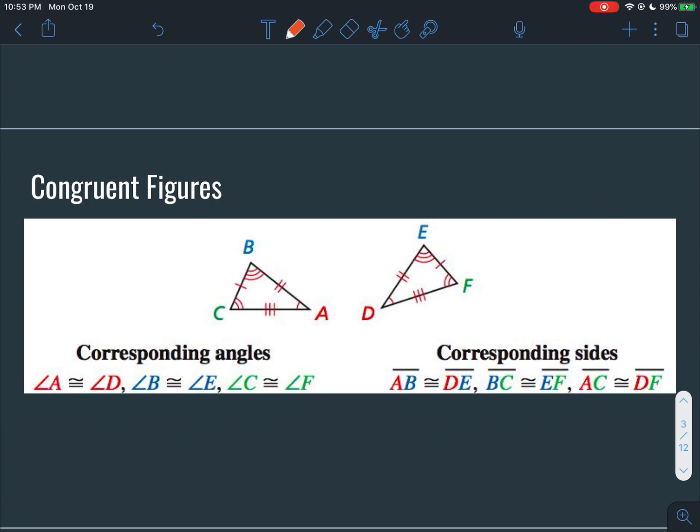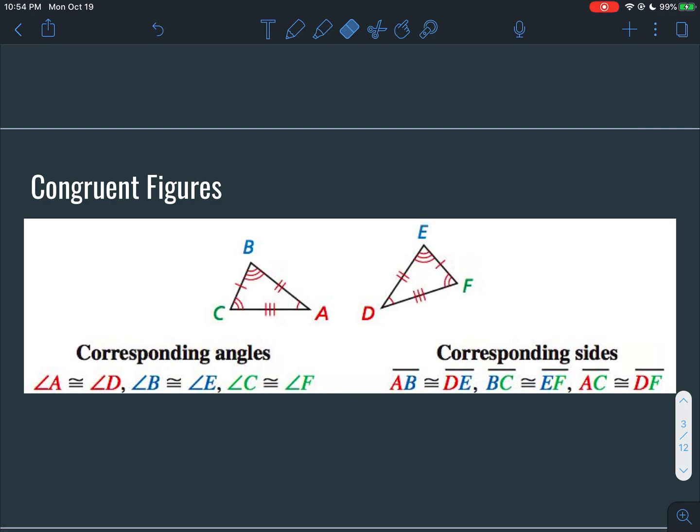And so what that means is that when ABC is perfectly on top of DEF, then angle A would be perfectly on top of angle D. Angle B would be on top of angle E, and C would be on top of F. And you can tell that those are marked with the corresponding congruent symbols.